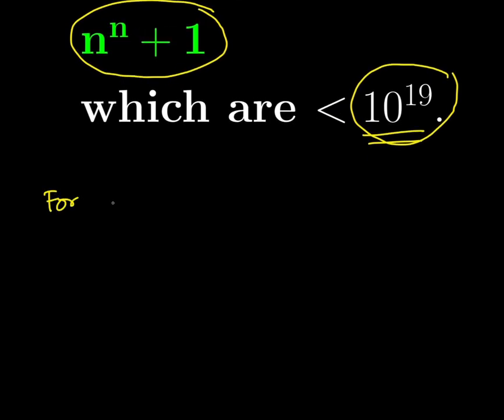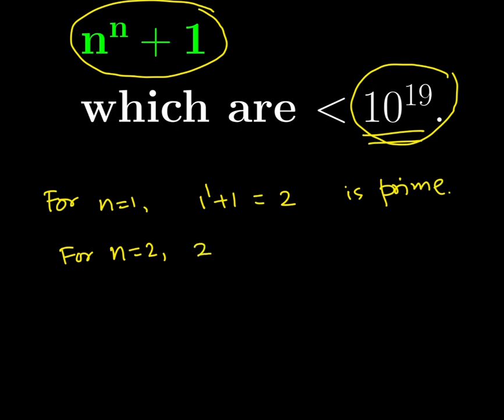For n equal to 1, 1 to the power 1 plus 1, that is 2, is prime. For n equal to 2, 2 to the power 2 plus 1, that is 5, is prime.